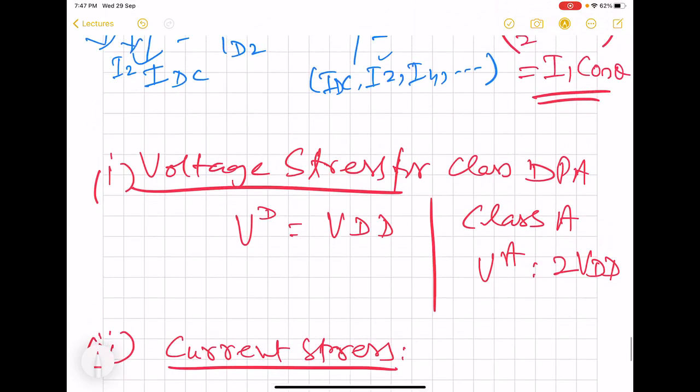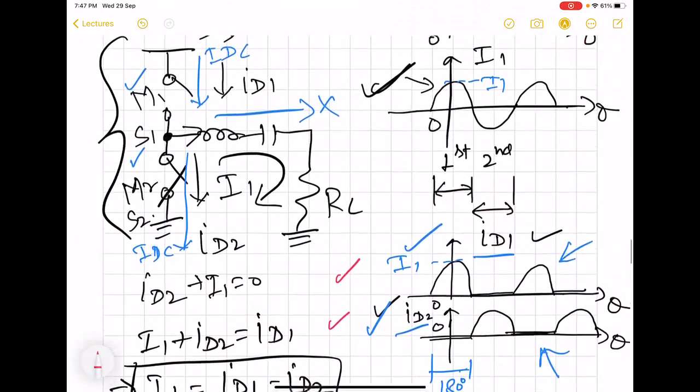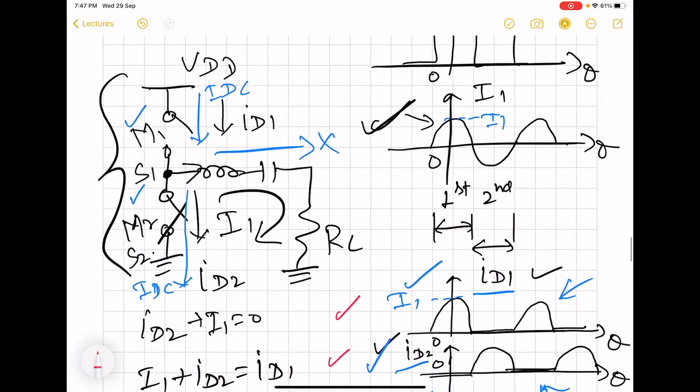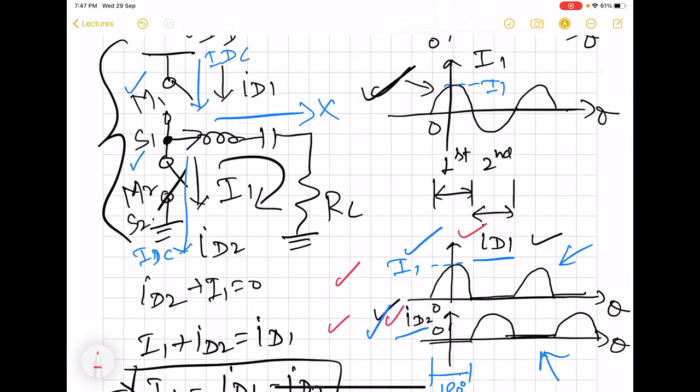For this case, we can go to this circuit. Here ID1 and ID2 are the currents supported by MOS 1 and MOS 2. The maximum current that each of the MOS has to tolerate is the peak value of ID1 and ID2.